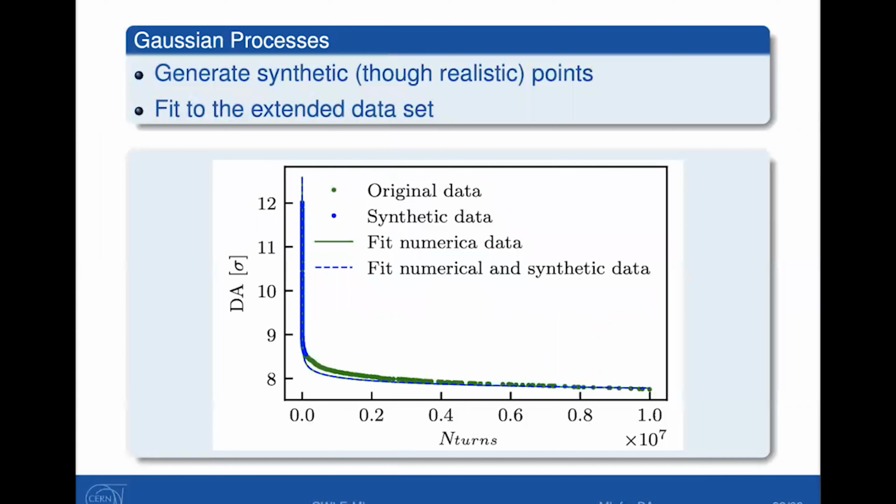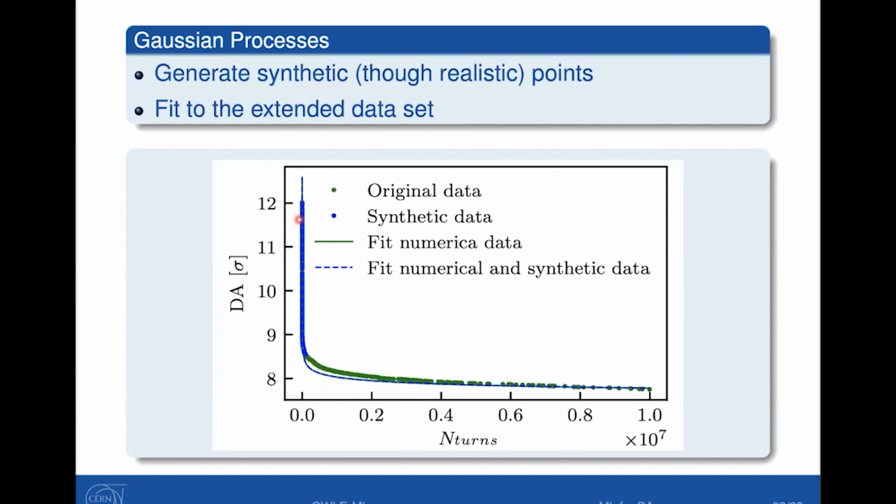So here's an example. We fit to the extended set. This is an example of one of the very long simulations we did, up to 10^7 turns. The green points here are the original data points we have. The green dashed line below, which you can almost not see, is the fit to the original data.